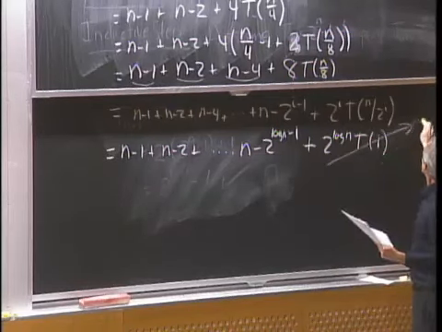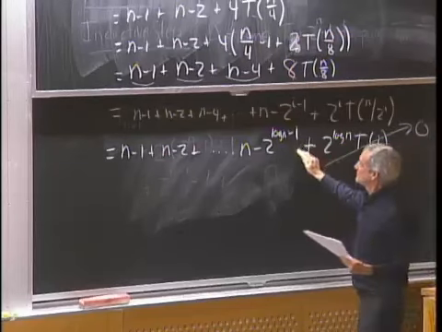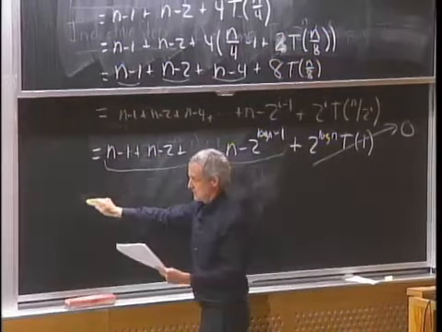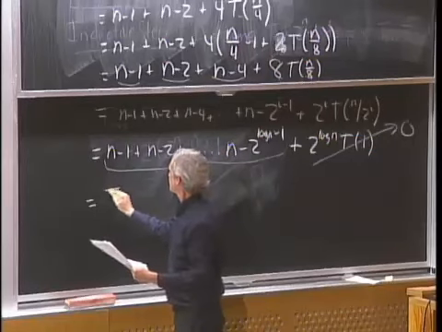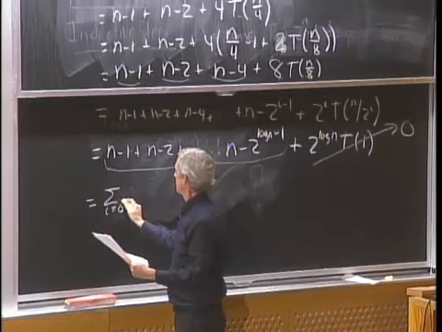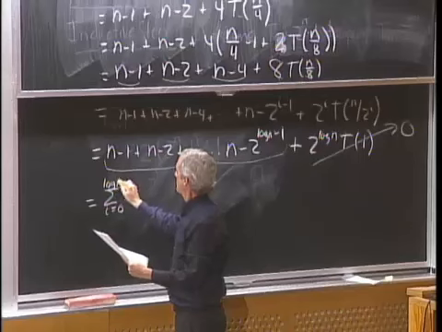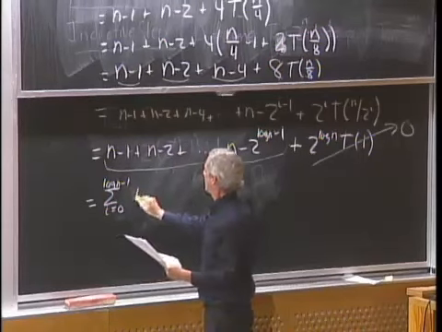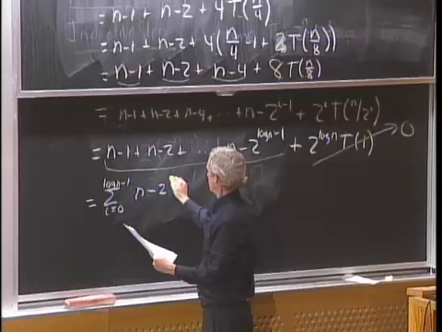That's nice. That goes away. All right, so this is not looking so bad. This equals the sum, i equals 0 to log n minus 1, of n minus 2^i.